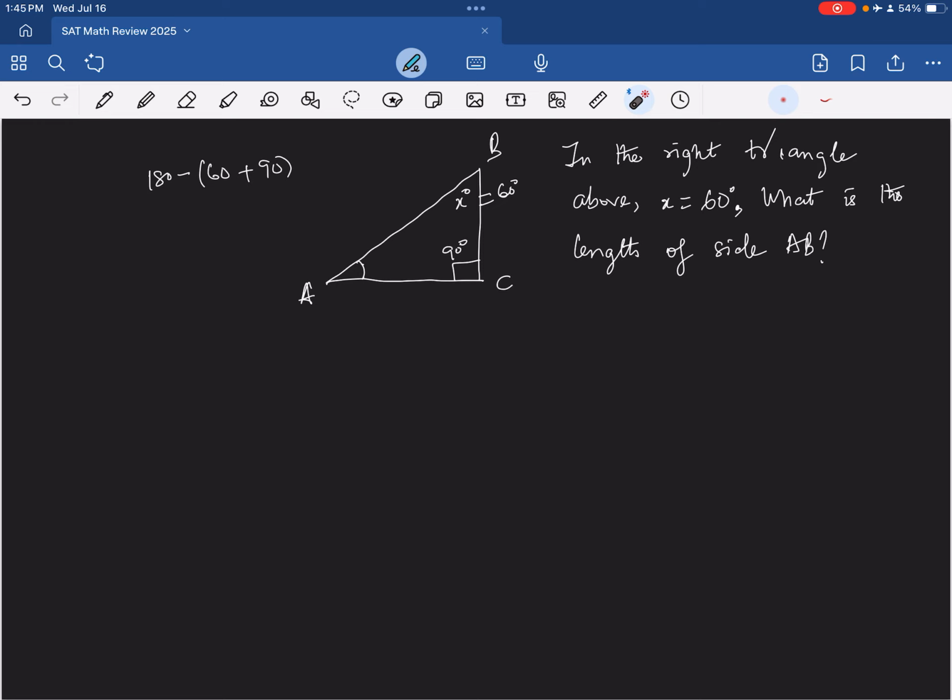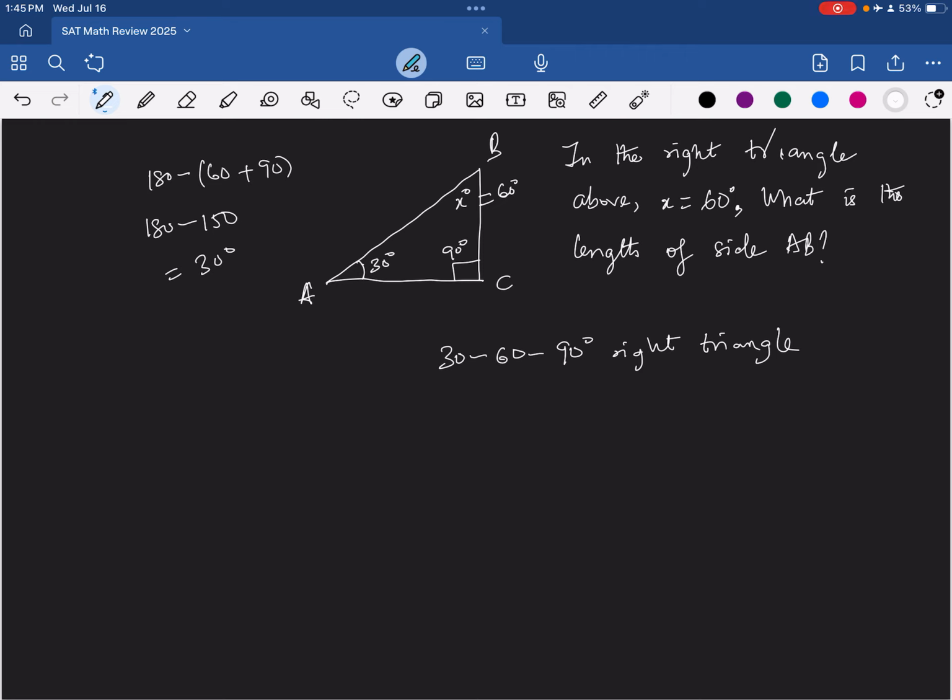So we have 180 minus 150, which is equal to 30 degrees. So this angle here is 30 degrees. Now this means something. This means that this triangle is a 30, 60, 90 right triangle.